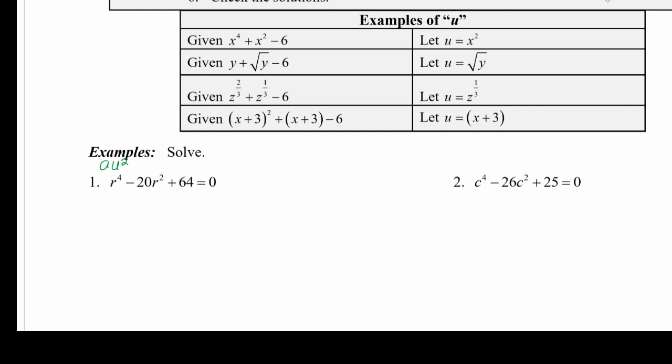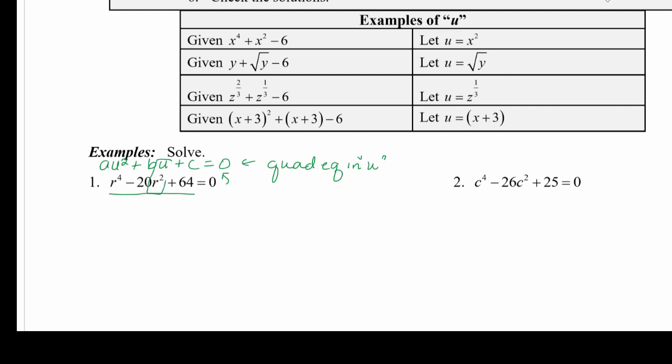So if I write au squared plus bu plus c equals 0, then this is a quadratic equation. Instead of x, it's in u, right? So I'm going to try to get this given trinomial to look like that.